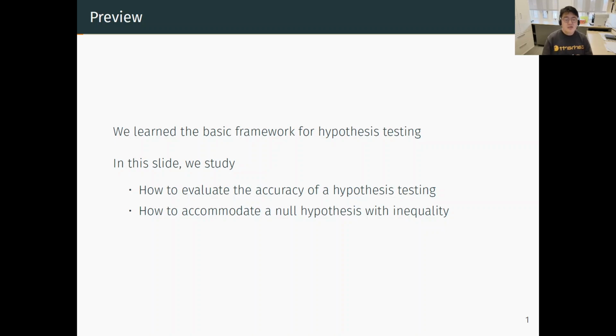I explained the underlying philosophy, the decision-making philosophy in hypothesis testing, and then we applied the central limit theorem and some statistical techniques. We learned how we can define how suspicious the observation is given your hypothesis.